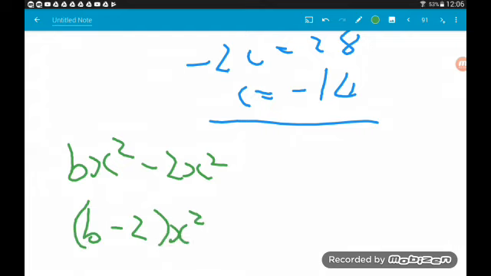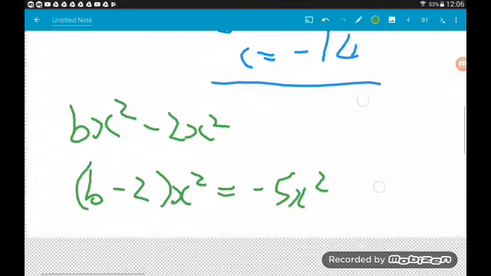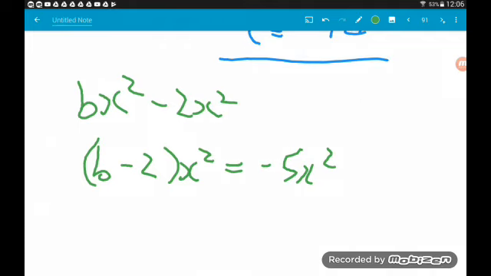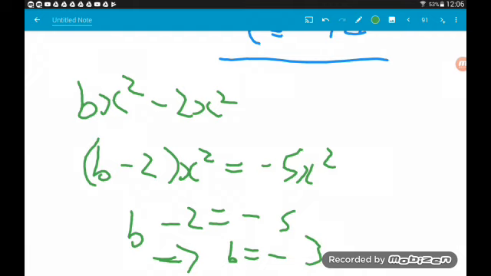Now in p of x, the x squared term is minus 5x squared. Okay, so we know the x squared term on the left has to be identical to the one on the right. In other words then, b minus 2 is minus 5, therefore b is minus 3.